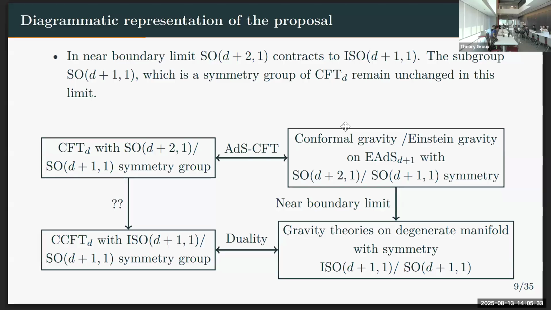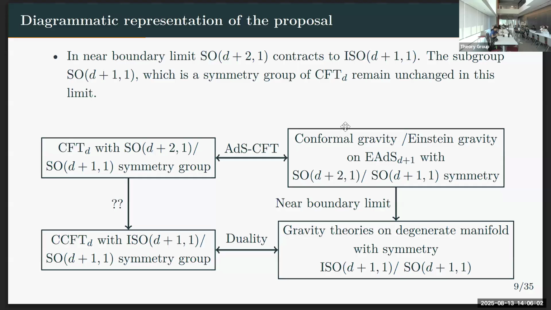What is the AdS-CFT that we decide? No, I'm considering conformal gravity. Usually when you talk about AdS-CFT, you talk about Einstein's gravity, and then you say that the isometry group of Einstein's gravity, which is SO(3,1), let's take 3-dimensional gravity, then the 2-dimensional CFT, which is dual, should also have the same symmetry group.